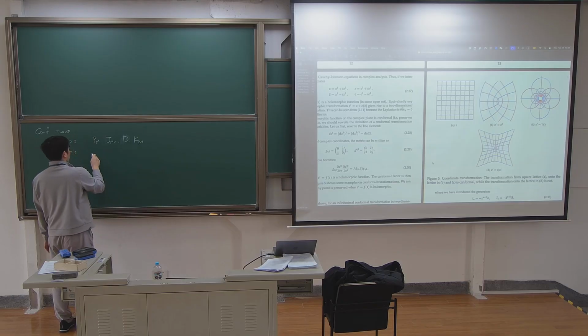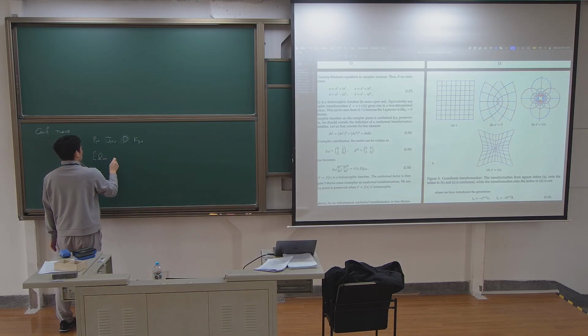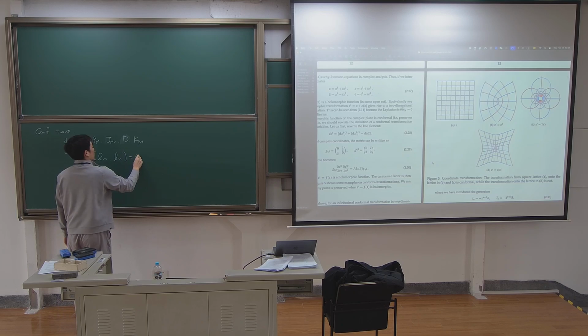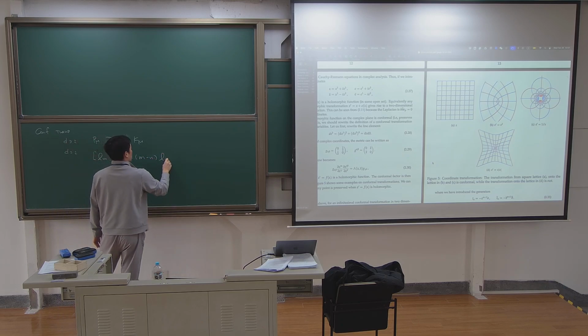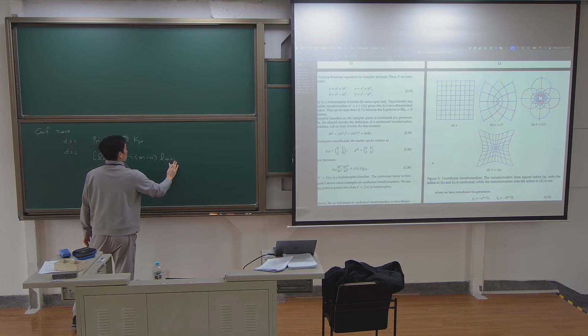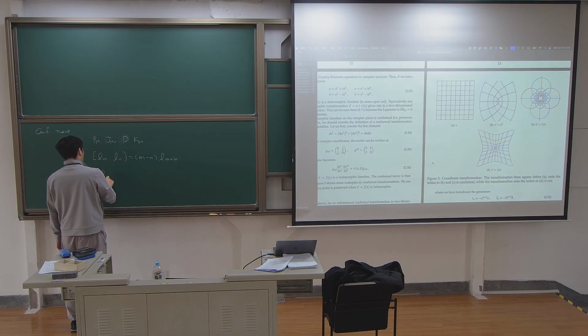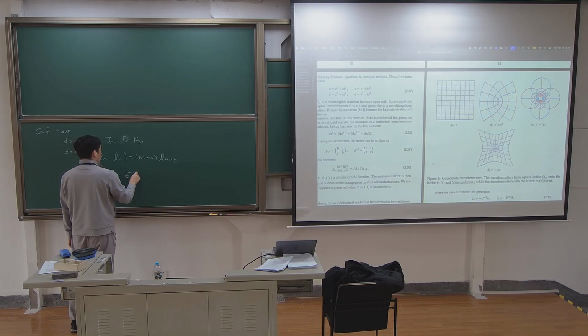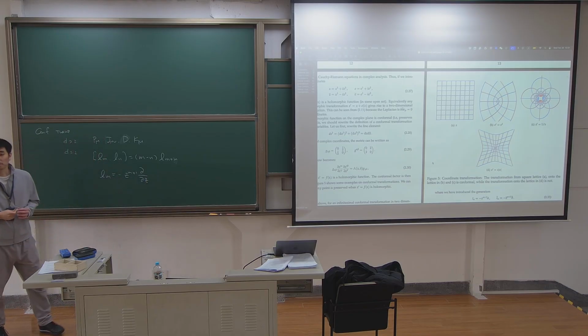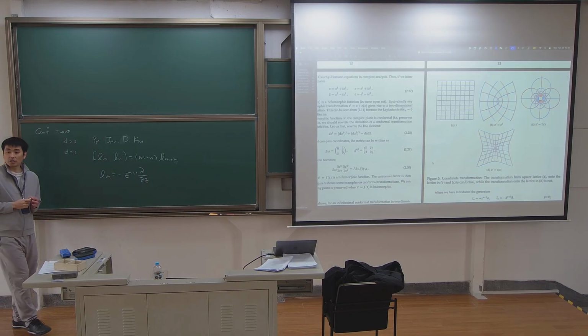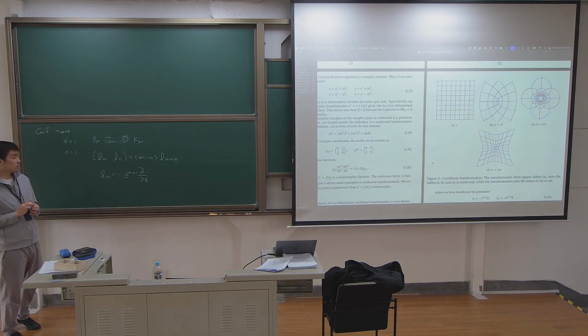But instead here you have L_n, L_minus n, L_plus n, where L_n is given by minus z^(n+1) d/dz, as far as we know. So this is the generator of the conformal transformation.